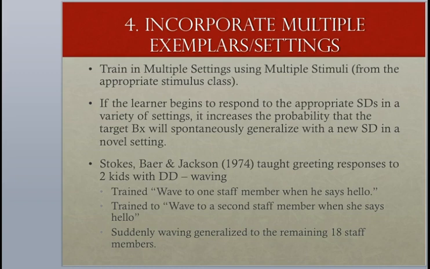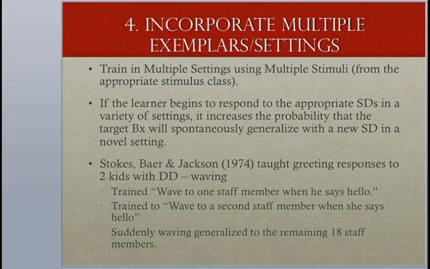If the learner begins to respond to the appropriate discriminative stimuli in a variety of settings, it increases the probability that it will spontaneously emerge in a new setting to a new SD. The more times you train it in different settings with different stimuli, the more likely it will generalize spontaneously.